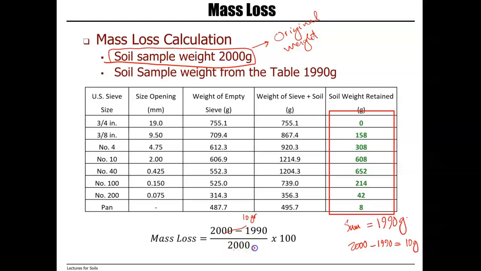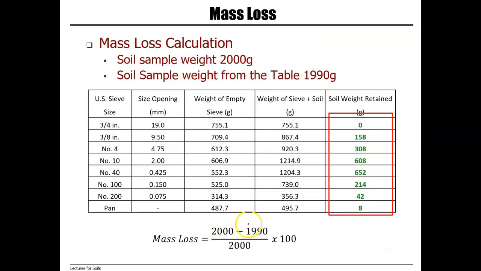We divide that by our original weight to calculate mass loss. So how much material did we lose while performing the test? 10 grams divided by 2000 grams times 100, which gives us 0.5%.